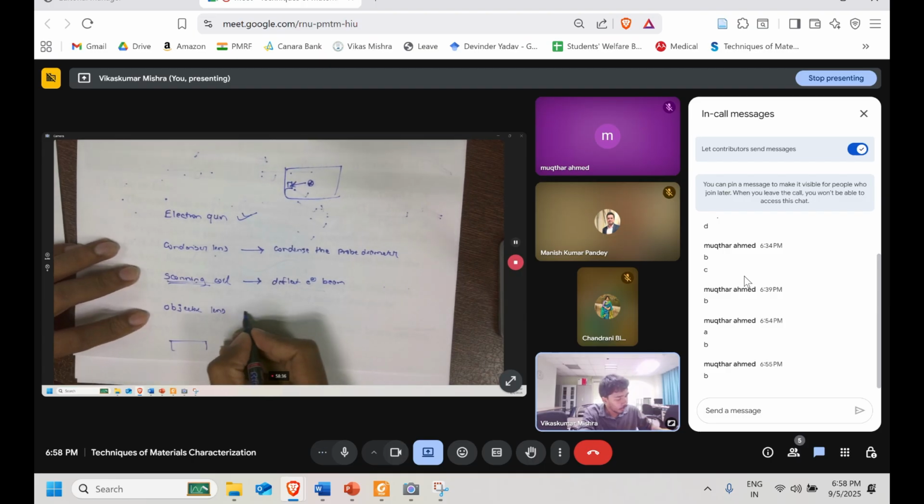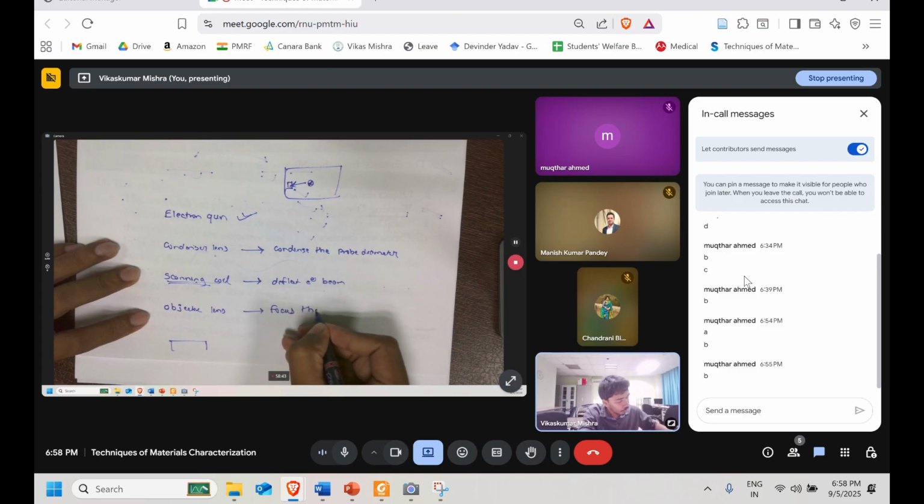Now objective lens, it is used to focus the electron beam on the specimen surface.